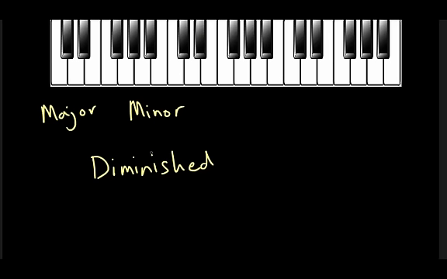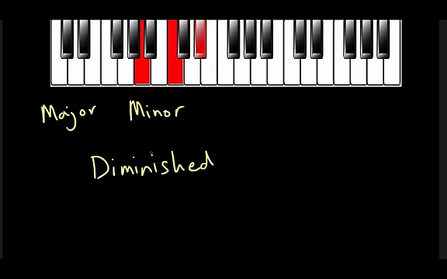If we know the minor triad on that particular note, so if we pick here's our A, if we were to build a minor triad on there, which involves adding in a C and an E, the easiest way to turn this triad into a diminished triad is again take the fifth note of the chord. So every minor triad has a first, a third, and a fifth degree of the scale. We're talking about the A minor scale here. We're going to move that fifth note, the top note of the triad, down one semitone.